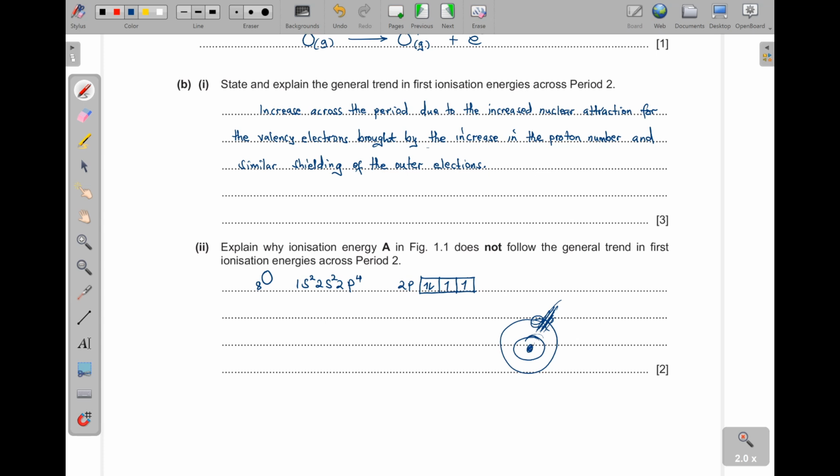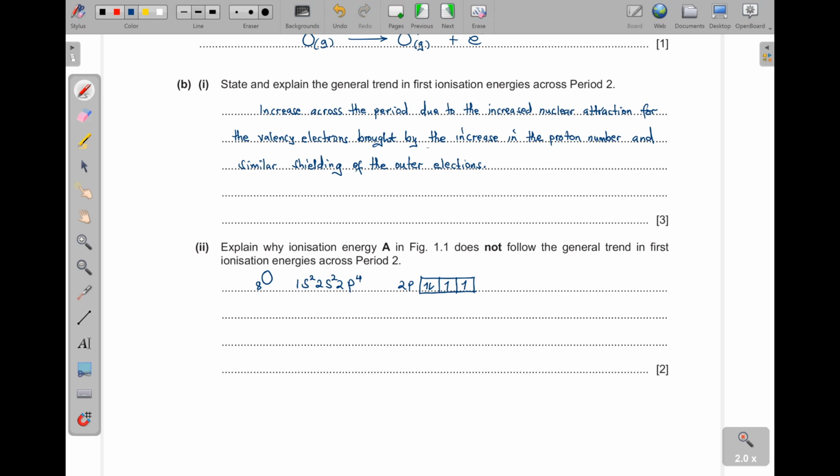The distance between the nucleus and these outermost electrons now increases, so the nuclear attraction now becomes a bit smaller. Therefore, it becomes very easy to remove an electron from there, and therefore the ionization energy is going to be smaller.